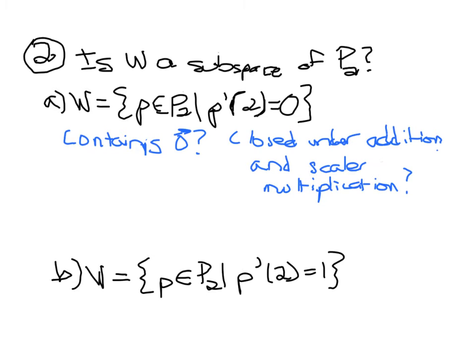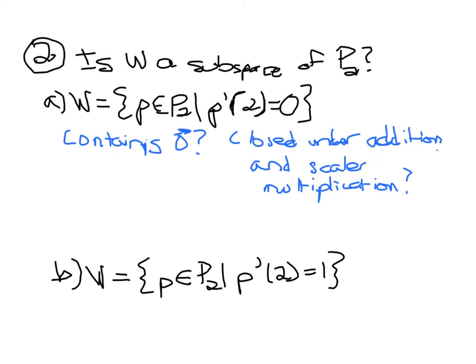Okay, so the 0 vector, it's specific to a vector space. 0 vector can mean different things depending on the space. For example, if we're working in R2, like the set of xy pairs, then the 0 vector is the vector 0, 0. Or if you're working in R3, the 0 vector is the vector 0, 0, 0.